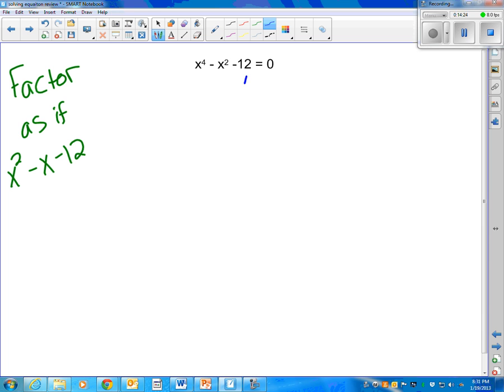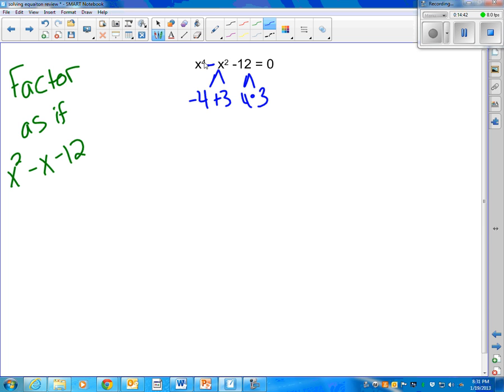Right? What multiplies to give you negative 12 and adds to give you negative 1? I'm going to do 4 and 3. My sign here is a negative, so the largest number is negative, the smallest number is positive.